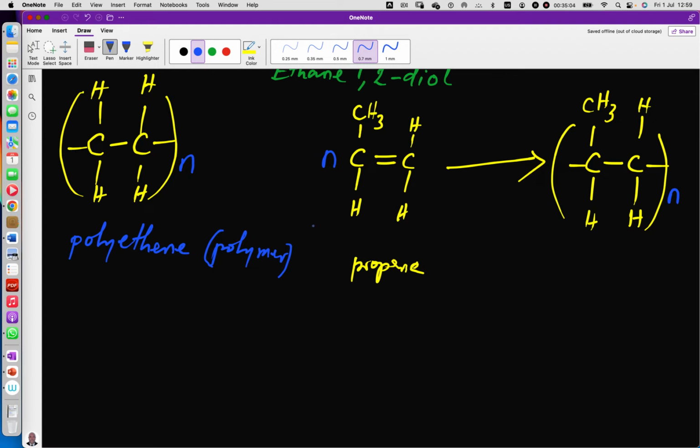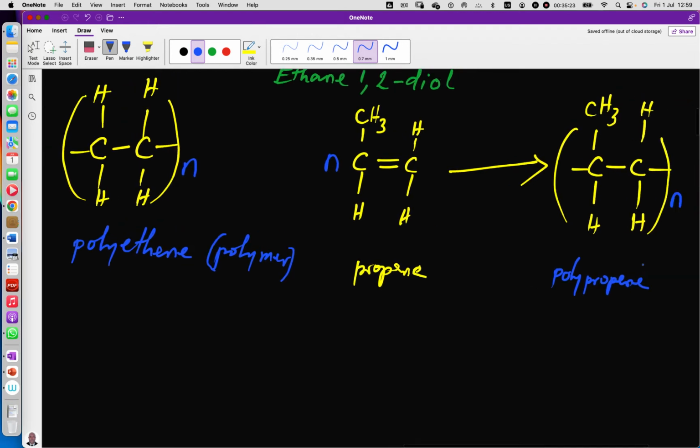Since it is an addition reaction, we are going to have this one, and we call it polypropene, which is still a polymer.